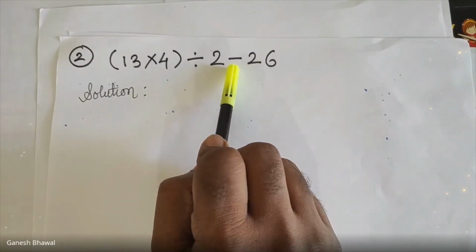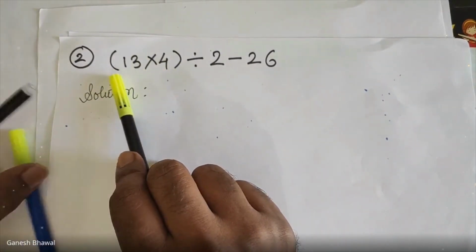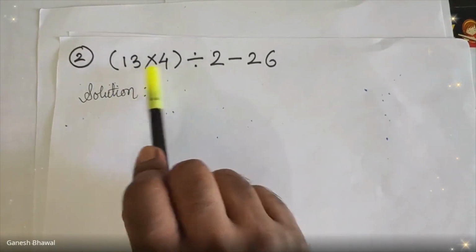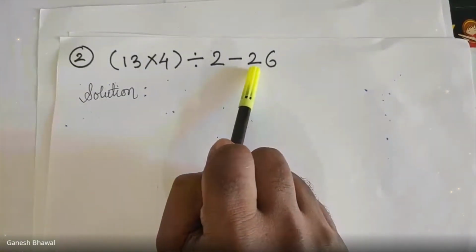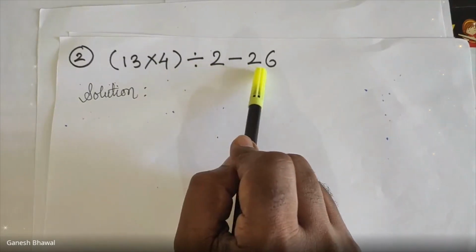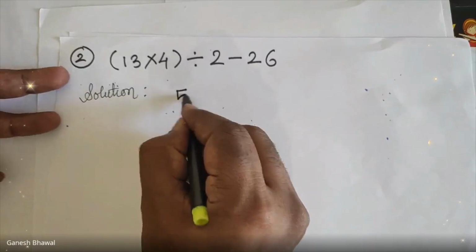So by the BODMAS rule, first we will do operations in the bracket. Then after that we have to do division. Whatever answer comes, we will divide it by 2, and lastly we will subtract 26 from whatever number comes. 13 multiplied by 4, the answer comes 52.